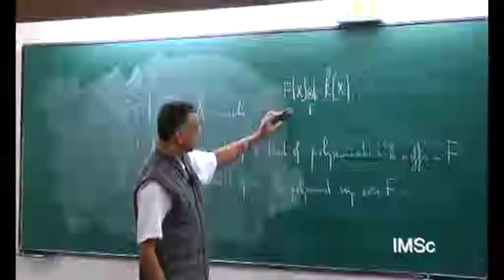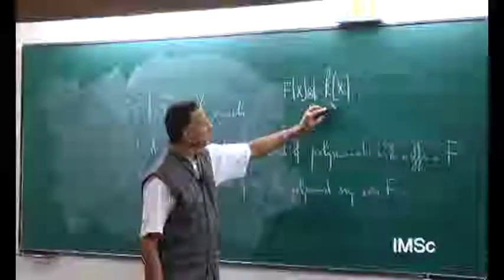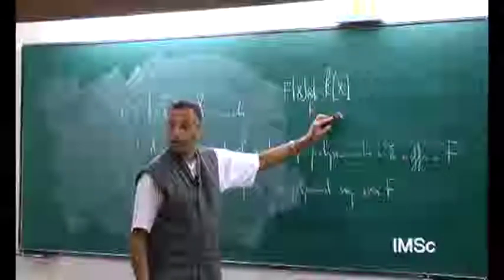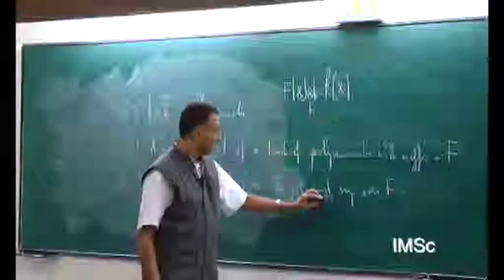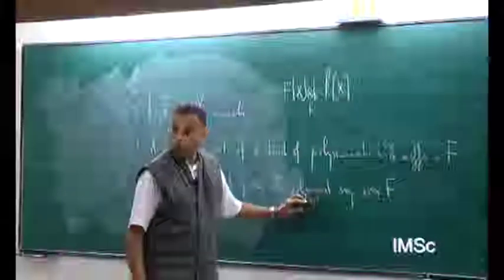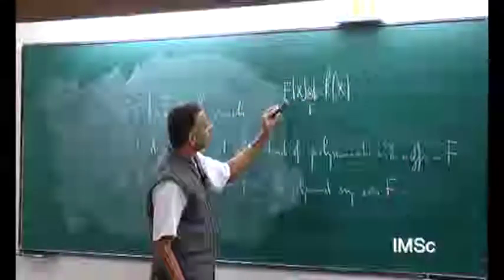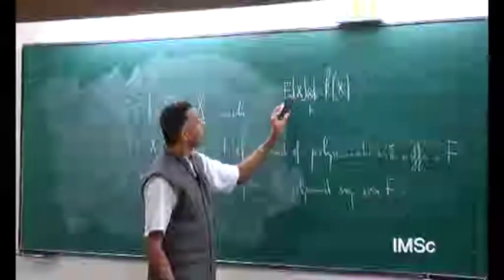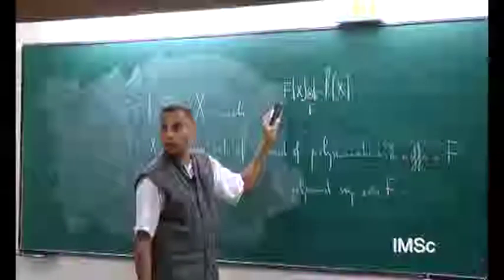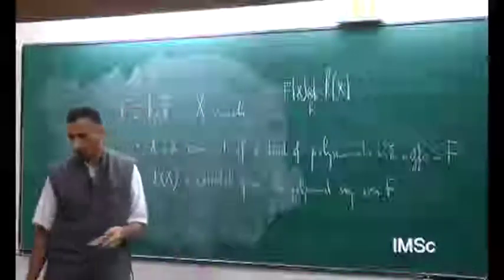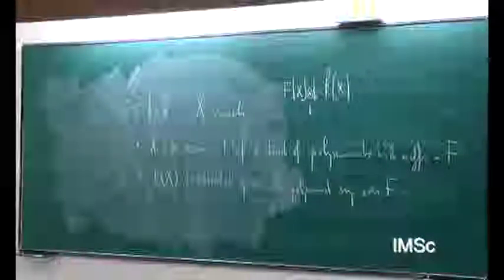In other words, this is true, right? What is this? This is the polynomial ring modulo the ideal I(X), the ideal of X. And if this is true, then that means that I take all the elements in F[X] that vanish over X and extend it to K[X], I get the ideal I(X).